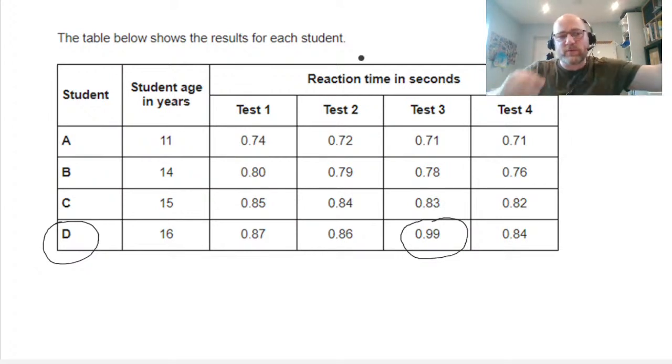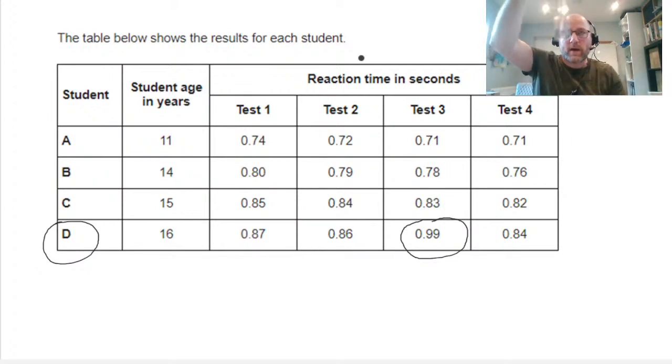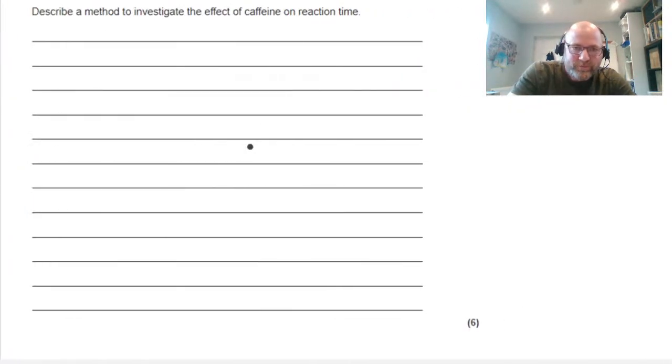Also, a couple of things with the ruler drop test. Just be aware, if you're doing the ruler drop test, thumb and finger have to be the same distance apart. The ruler should be at the 0 mark. Very important, the ruler's at the 0 mark and that type of thing. In fact, I've got a 6 marker here on the ruler drop test. So this is the last thing on the nervous system before we jump off.